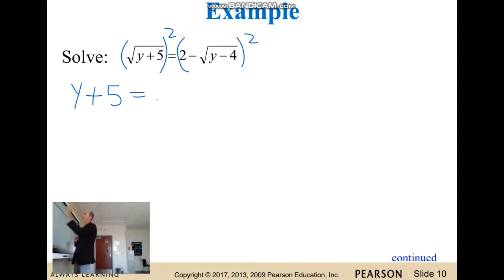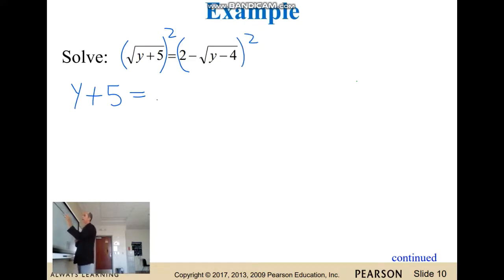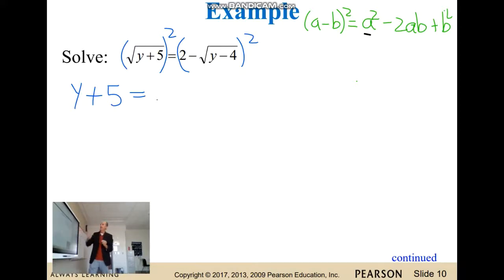And now we can use a special product. Remember this? I'm using green here. This special product, (a minus b) squared equals a squared minus 2ab plus b squared. This special product is going to apply on this side of the equation, where this is going to be a and that other term here is going to be b.